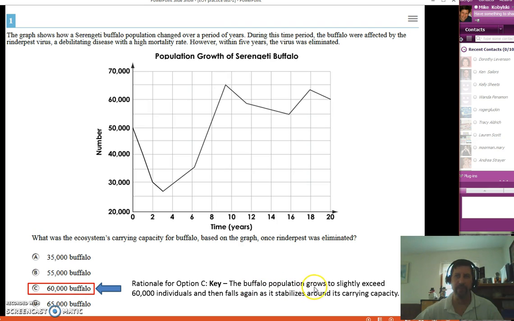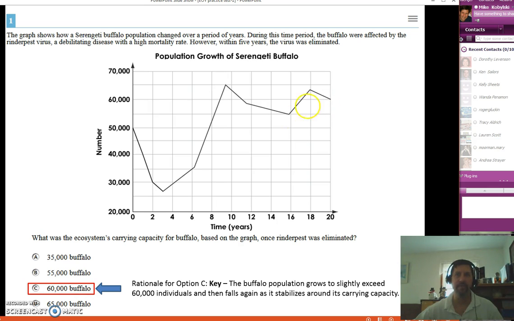The buffalo population grows to slightly exceed 60,000 individuals, and then falls back to stabilize around the carrying capacity. The carrying capacity would be right around there. So we actually have 1, 2, 3, 4 points that are on that carrying capacity. Does that make sense?